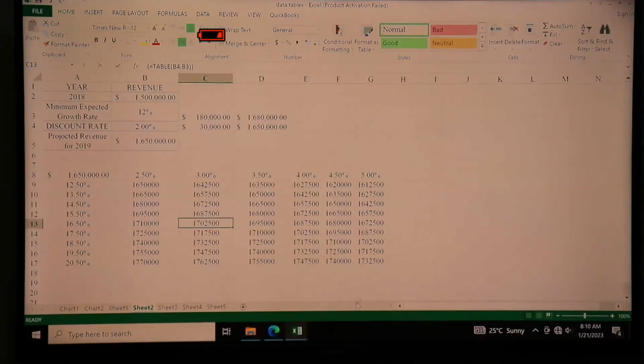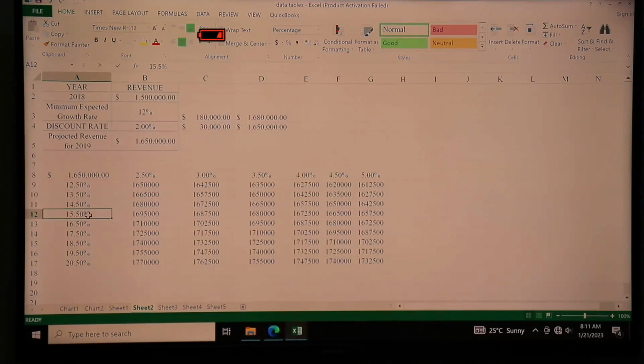So I have one situation here, whereby you are given the values, changing the values of these and changing the values of these. Here you are given several discount rates and the growth rate, whereby the growth rate changes this way, then the other interest rate changing this way, whereby the value you get here will be as a result of this and this.